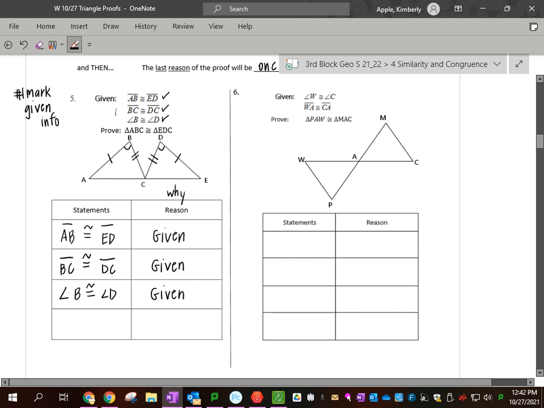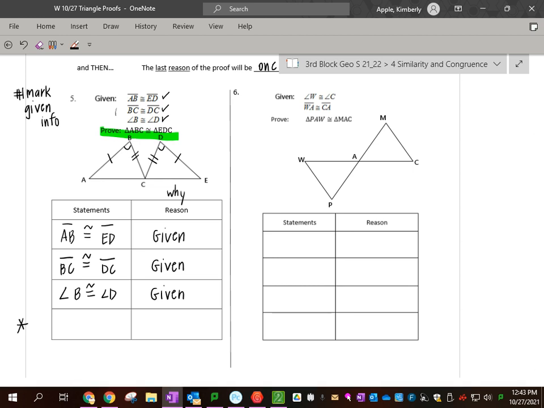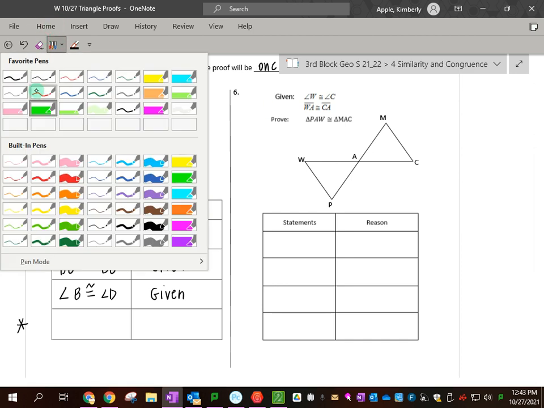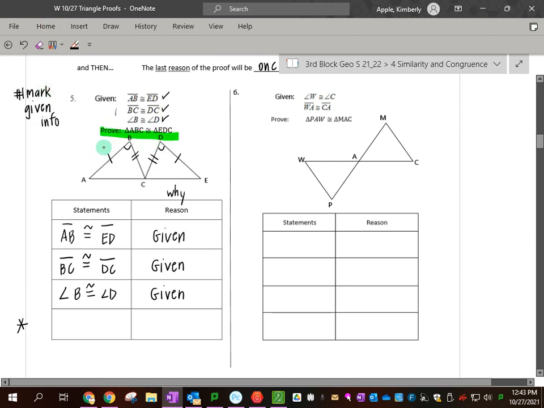So the givens are written first, and then always in this part is the prove statement. Notice in every prove it says prove this. What you're trying to show, and that's not true until you show me it's true. I'm asking you to show me that triangle ABC is congruent to EDC, and how you do that is by establishing one of these theorems. Side, angle, side.